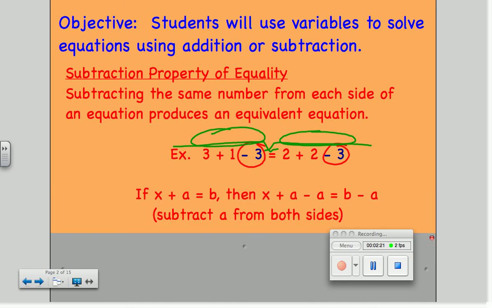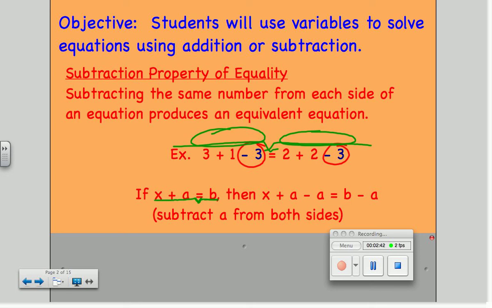So, using variables. If I add a to x to get b, then I'm saying again, let me just make sure we understand, this is my equals here. So I'm saying that everything over here, x plus a, is equal to everything over here, b.